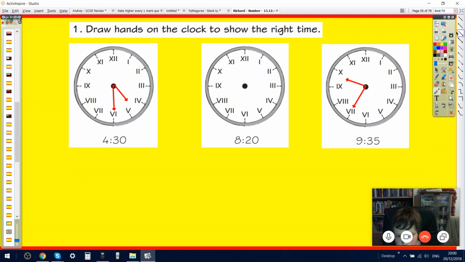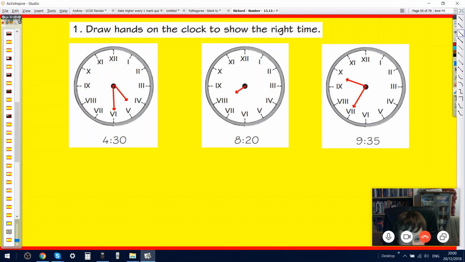Where would the hands go for the middle one? 8:20. The minute hand would be pointing at, well, close to the 8, maybe not pointing exactly at the 8.